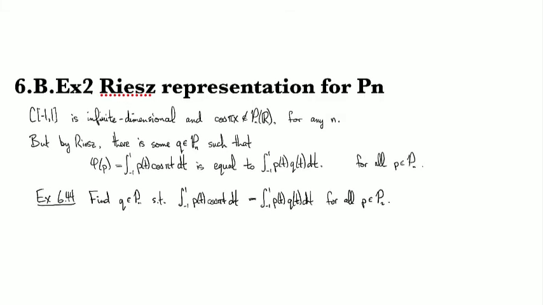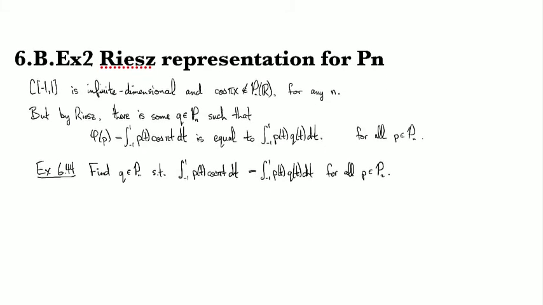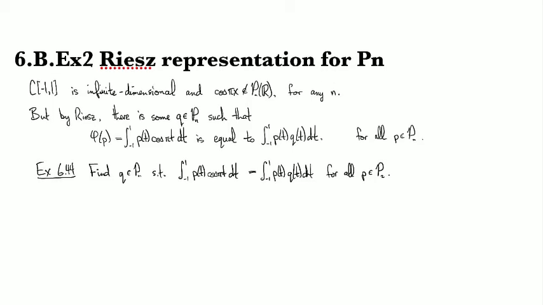So we're just working in the n equals 2 case here to keep the arithmetic from getting belligerent.